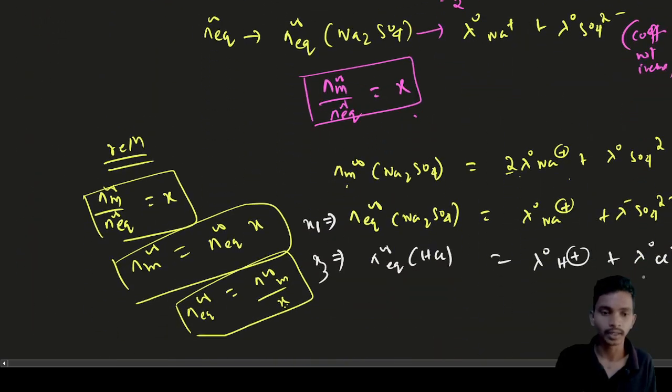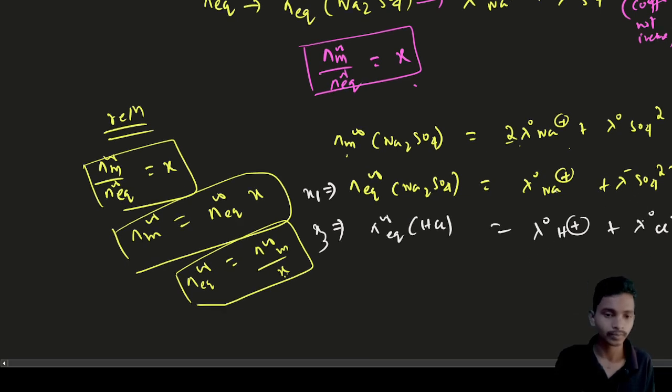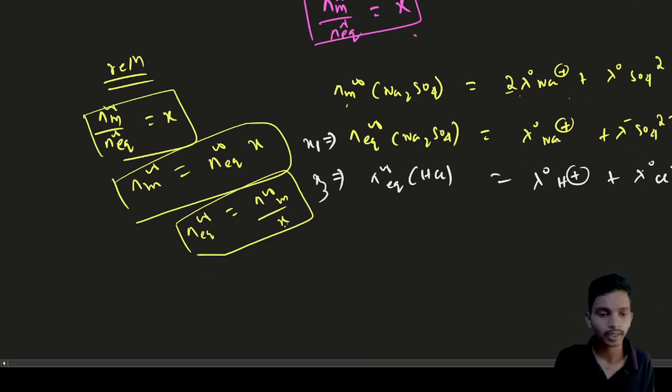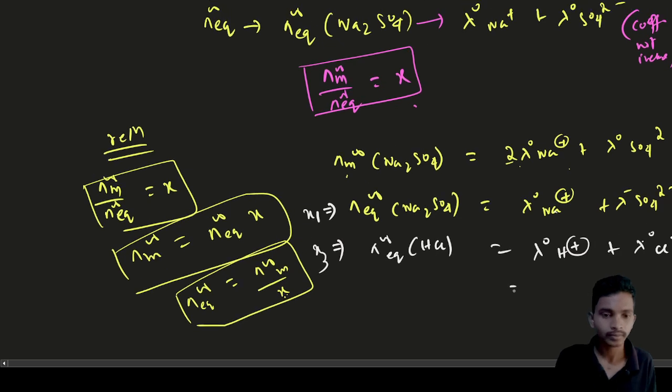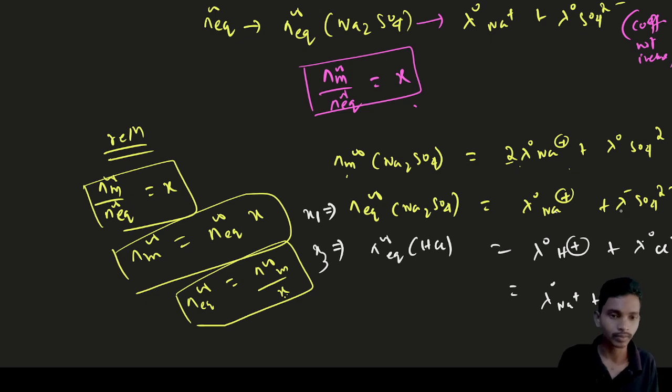If I add these two, I will get NaCl and SO4, and H is there. Na plus and minus, but something is left over, this is also there.